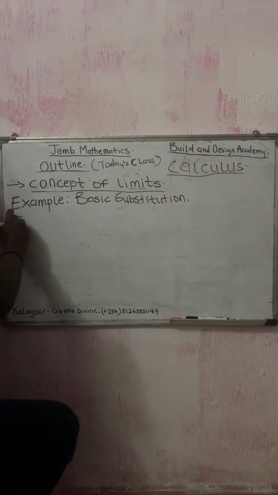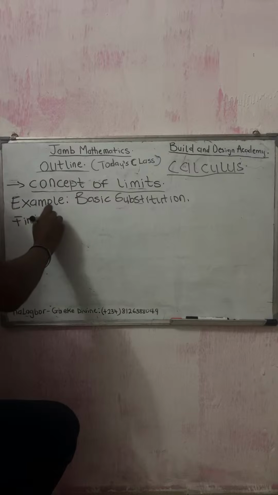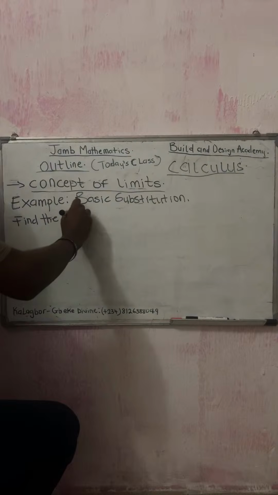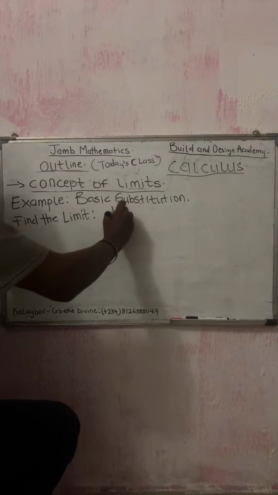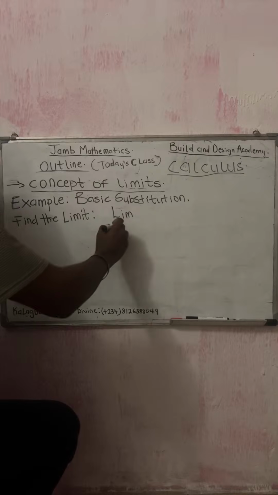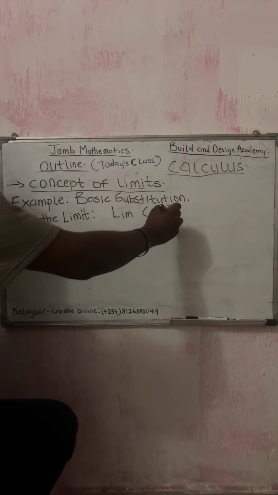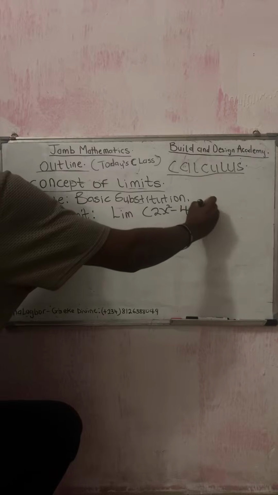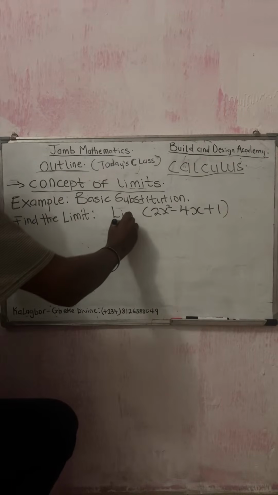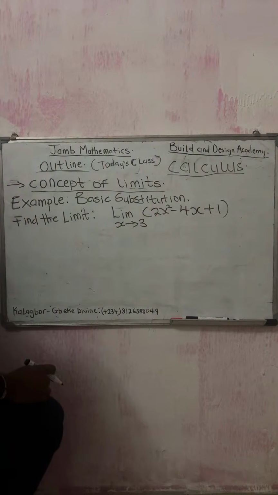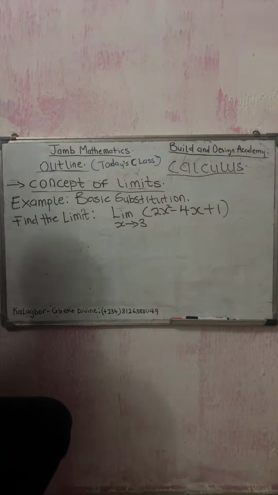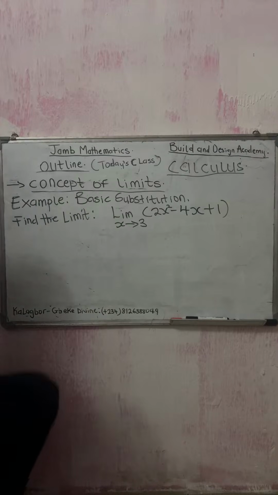We should find the limit of 2x squared minus 4x plus 1 as x approaches 3.